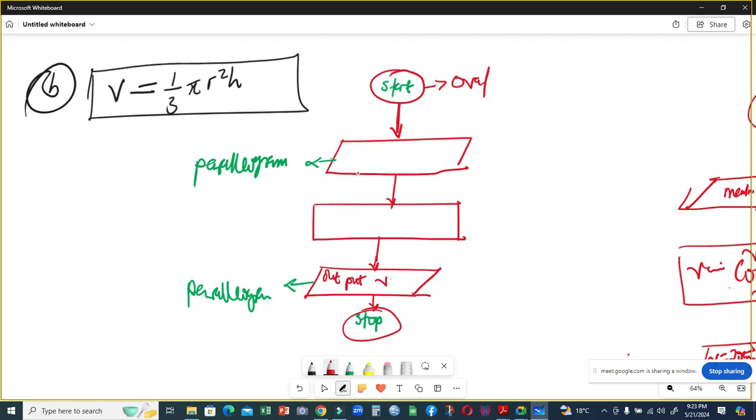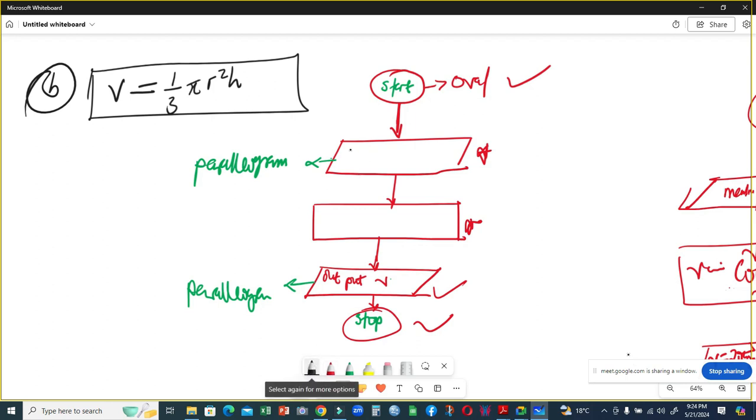So the question is saying, complete the flowchart. This we have been given, this we have been given, and this we have been given. So we need to put here and here. On the first parallelogram, we need to feed it data.